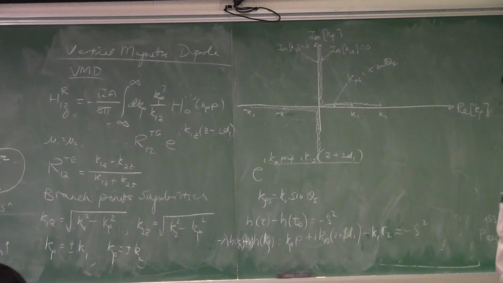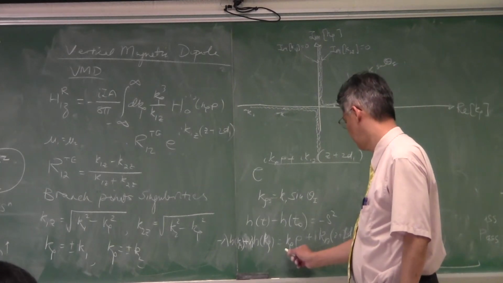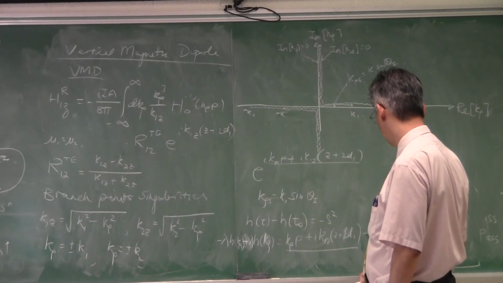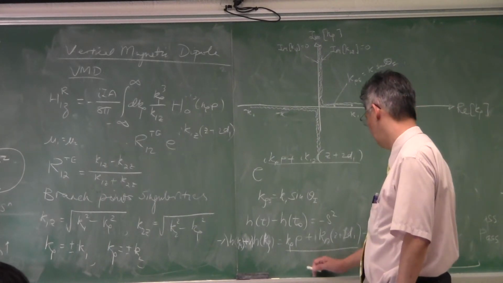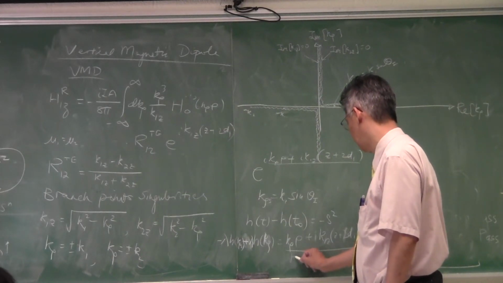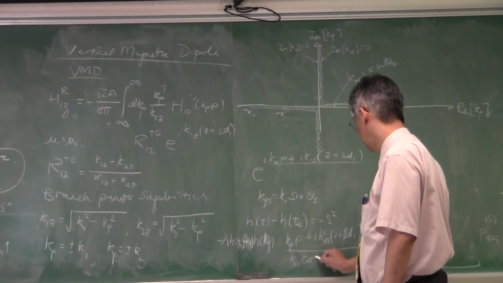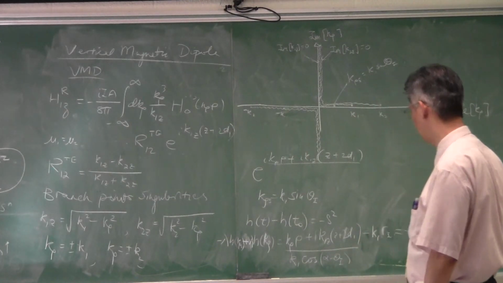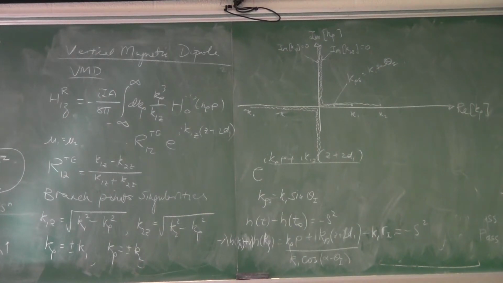I don't believe that there's a closed form solution to this. Maybe there is, but not easy closed form. Okay, so I think I showed you that this can be written as k1 cosine of alpha minus beta i. I think a while back you helped me show that this is true.